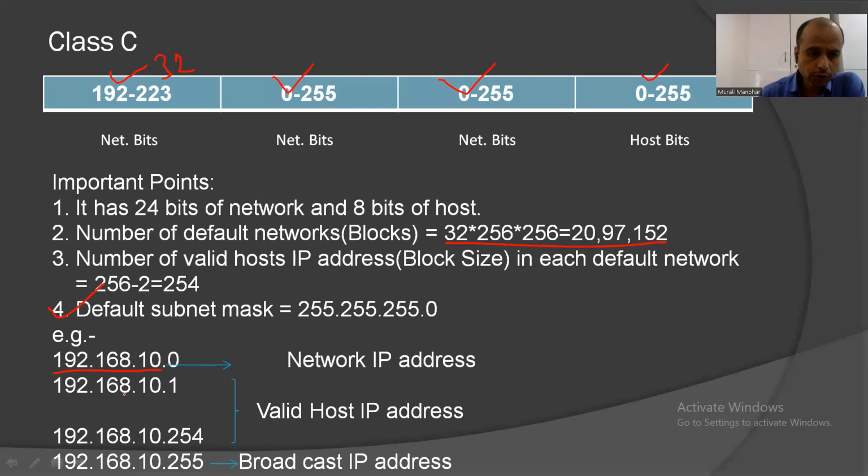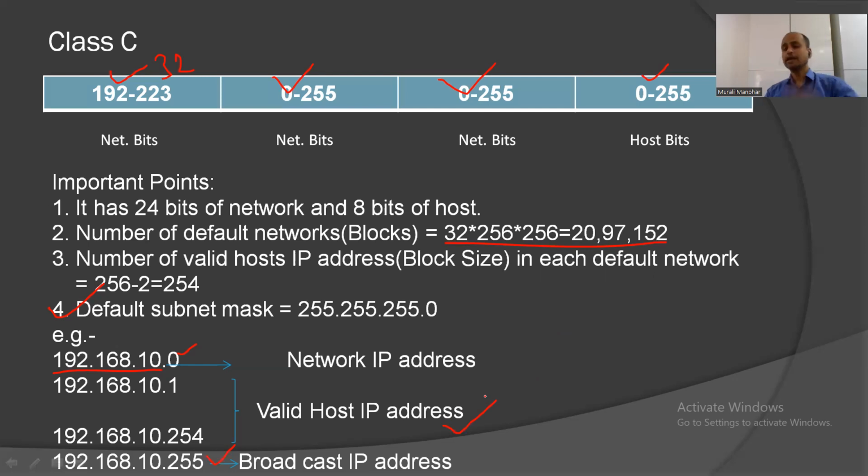That's why from beginning to this end, you can see that the 192 and 168.10 values are similar. We can make changes with only the last value of this IP address, and it starts from 0 and ends at 255. This one is the very first IP address, that's why it is a network IP address, and this one is the last IP address, that's why it is a broadcast IP address, and the remaining 254 IP addresses are used as valid host IP addresses.